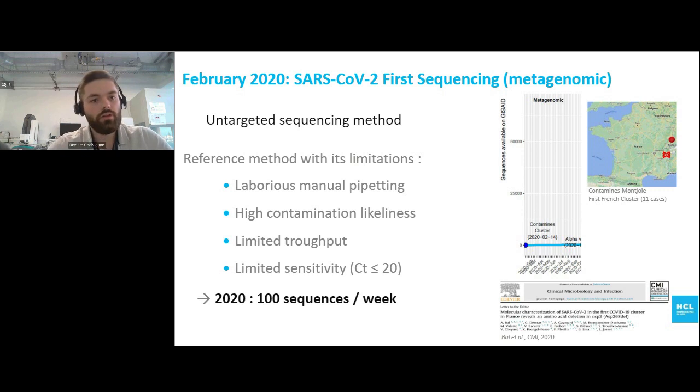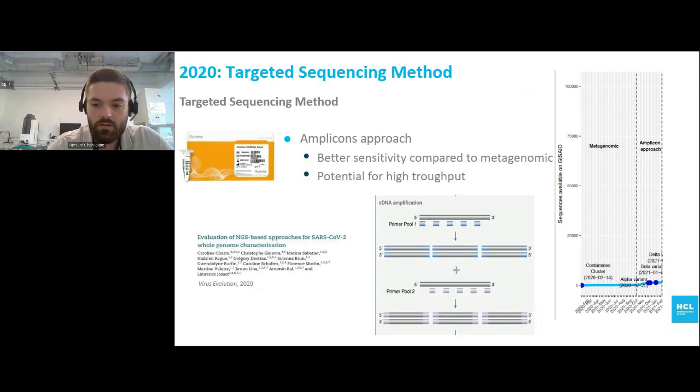Later on, in 2020, a targeted sequencing method came out, which is basically the COVIDSeq assay, which is an amplicon approach. It shows better sensitivity compared to metagenomic, the first method that we used in the lab, and it has a high potential for high throughput. To quickly present the technique, the Illumina COVIDSeq basically consists in cDNA amplification from RNA SARS-CoV-2 using two primer pools.